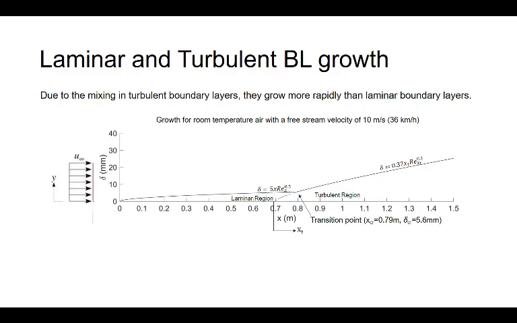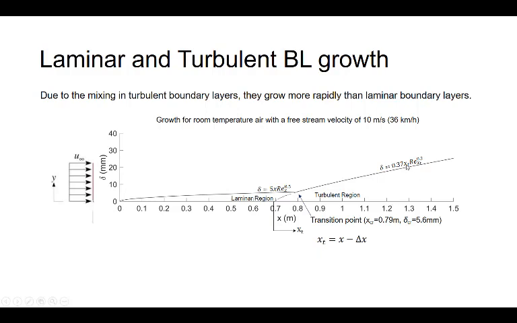If we were to imagine the turbulent boundary layer projected back before the transition point, it would begin growing at some point denoted here. This point is the reference point for the length scale in the turbulent boundary layer equation. We must determine where this is relative to the leading edge of the actual plate.